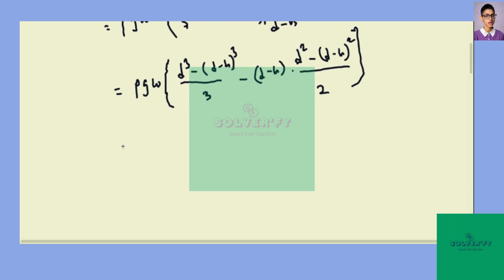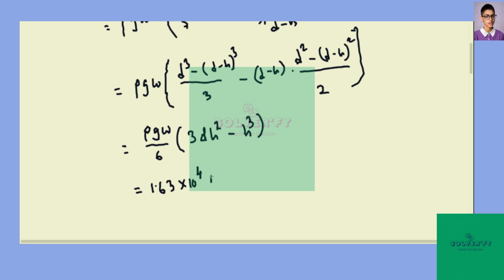Simplifying this comes out to be rho g w over 6 times 3 d h squared minus h cubed. And putting the values in, the torque will come out to be 1.63 times 10 to the 4 Newton meter.